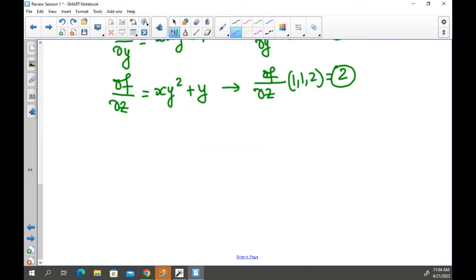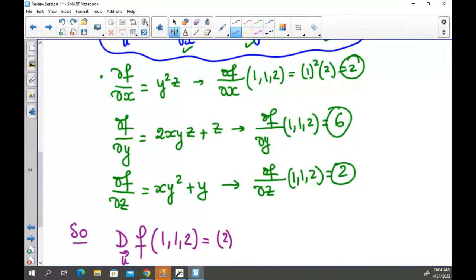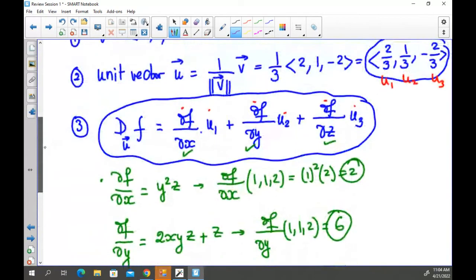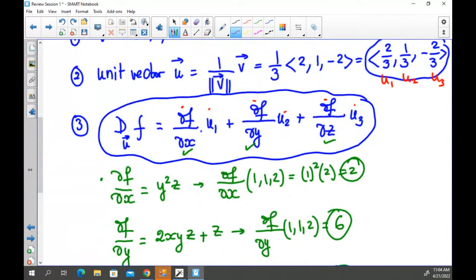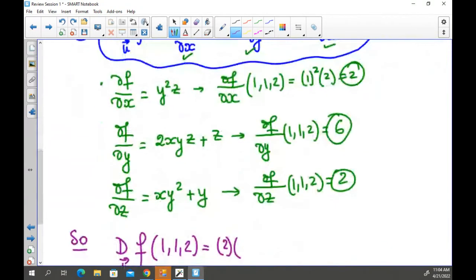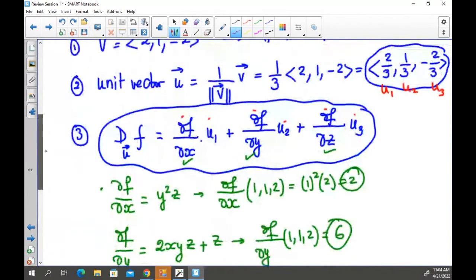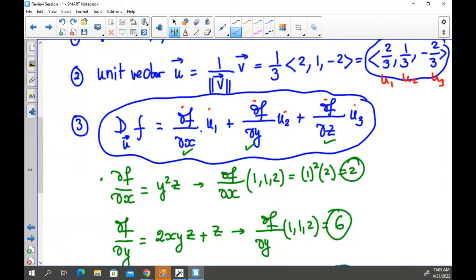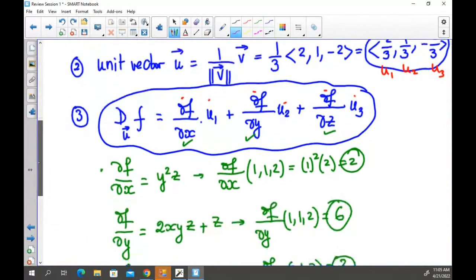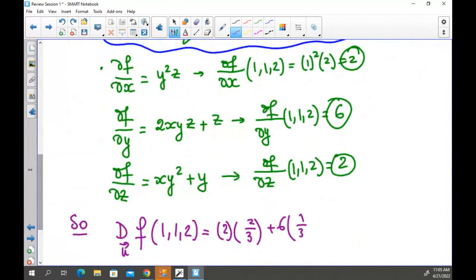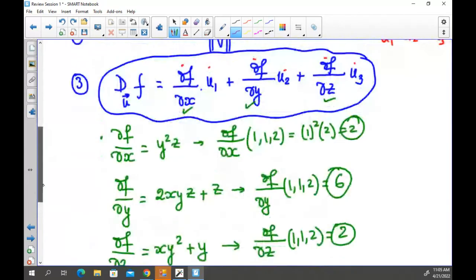So now we can say the directional derivative of the function f in the direction of u at the point 1, 1, 2 is going to be 2 times 2 over 3 plus 6 times 1 over 3, which is the u2, and plus 2 times u3, which is minus 2 over 3.